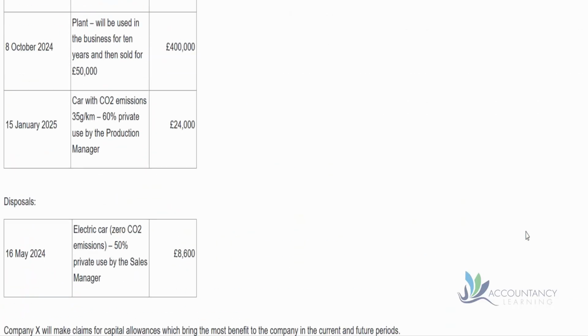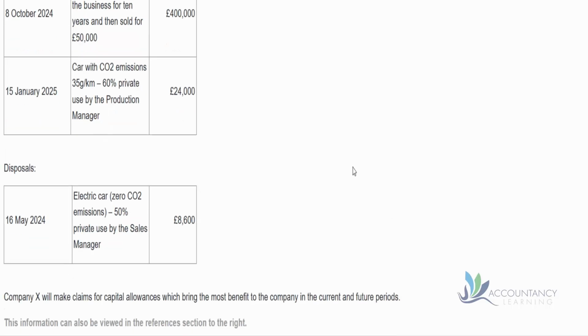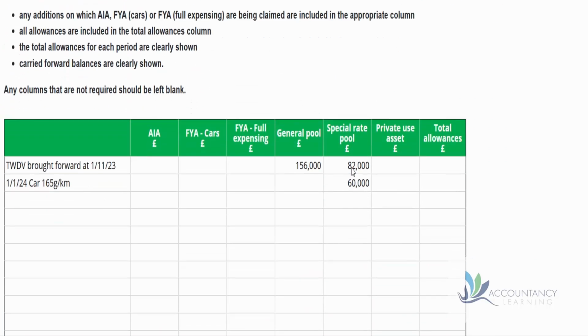Next, we've got our plant on the 8th of October. This is going to be used in the business for 10 years, then sold for 50,000. It's got a cost of 400,000. So what should we do here? It's plant, but there's nothing about it being second hand, so it could go into either the annual investment allowance or into the full expensing. Remember the question said we should take the most advantageous route.